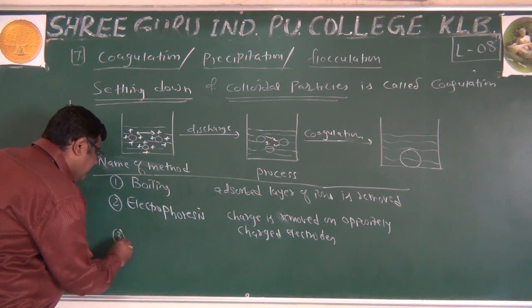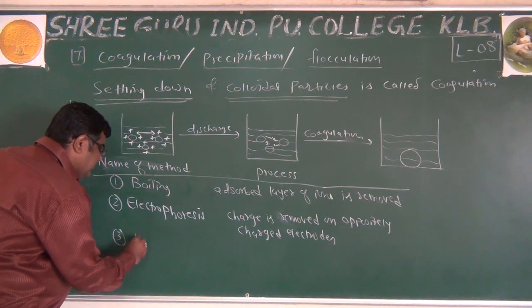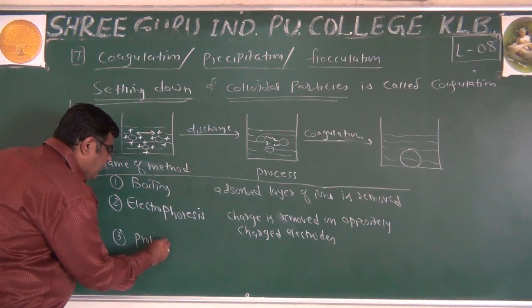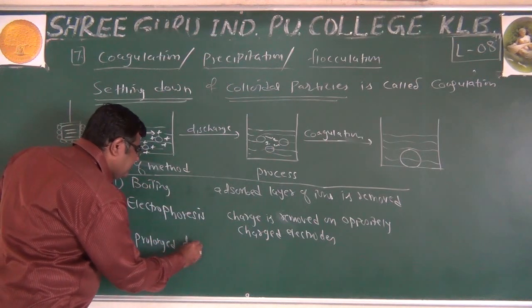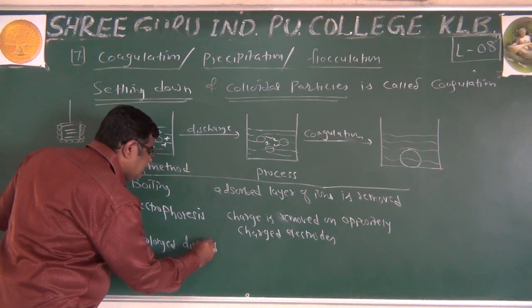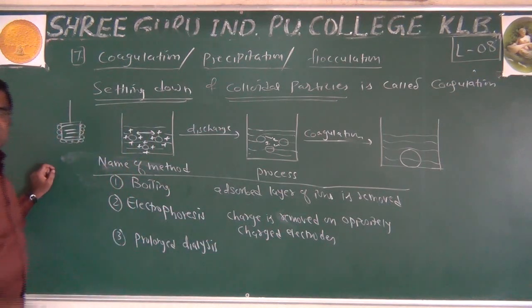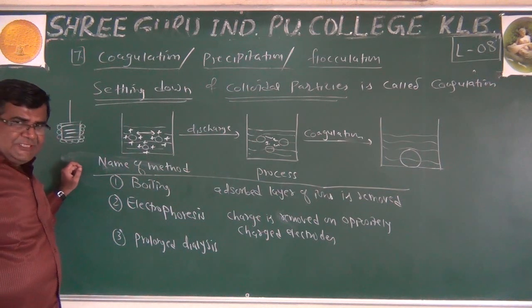The third method is called prolonged dialysis. Dialysis is the method of purification of the colloid.